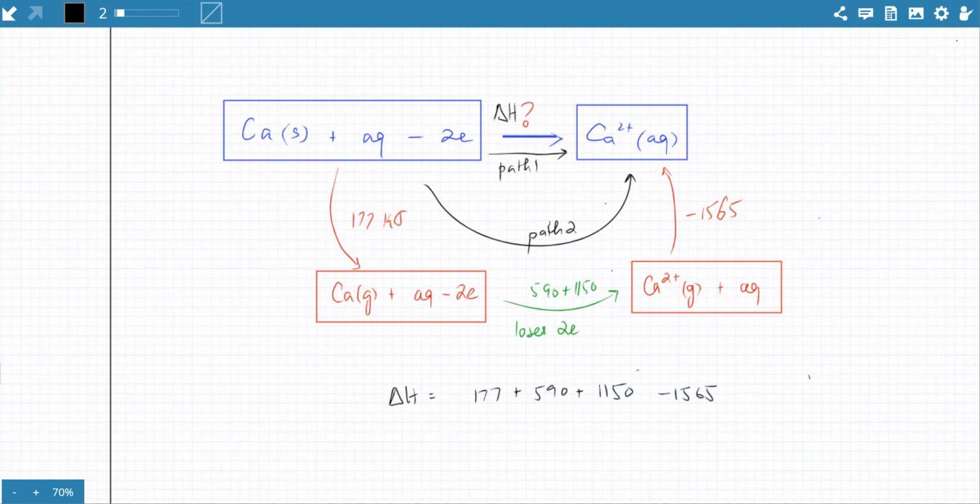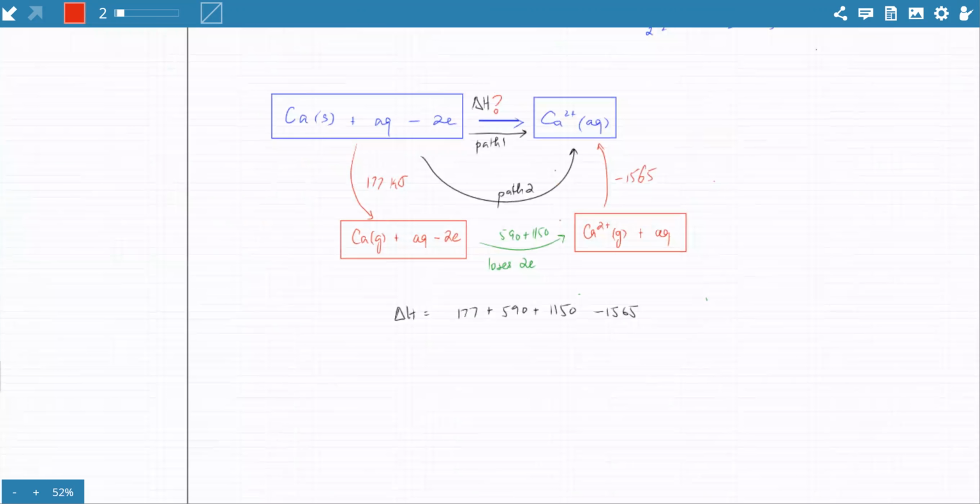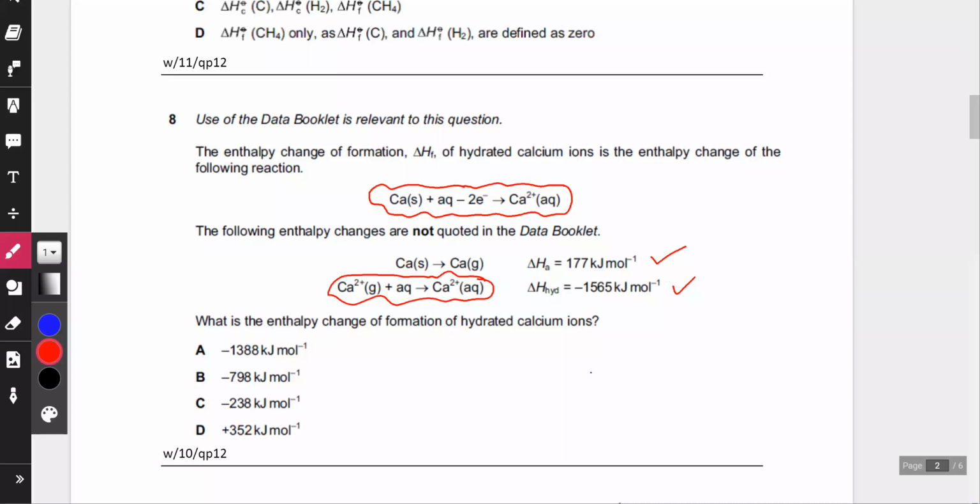Can you try and calculate this? Is it 352? Okay, so it's 352, and that's the answer over here.